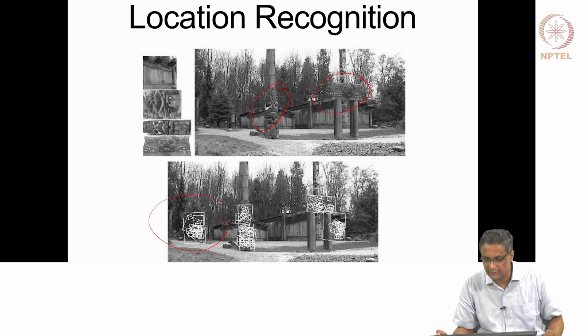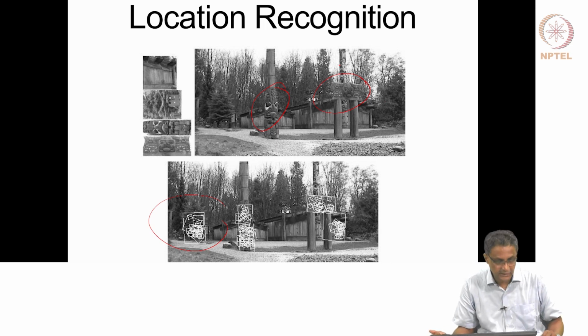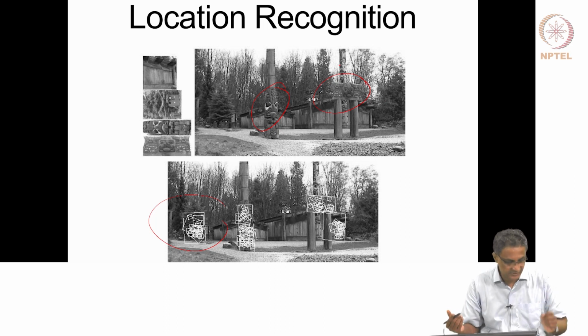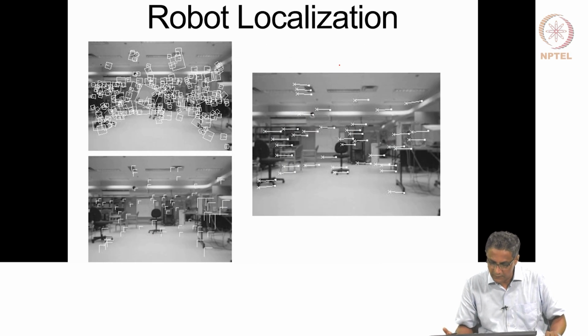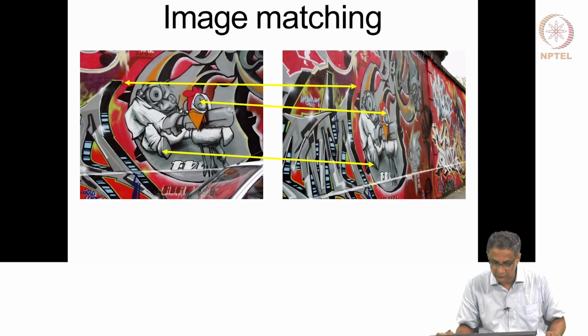Location recognition means, be it day or night, this viewpoint or that viewpoint, you should still be able to tell that you're probably looking at the same scene. You can also use such features, which you'll see later, to even tell where the camera is and so on.